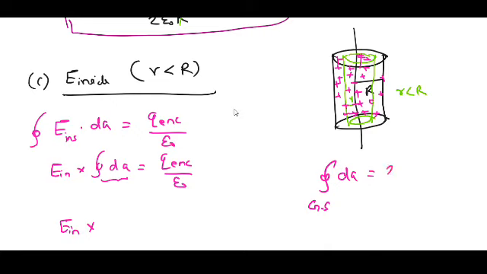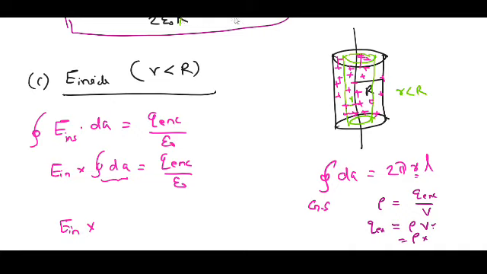which, since it is a cylinder, is 2 pi r, where r is the radius of the Gaussian surface, into its length. Length we have chosen small l. Then the charge enclosed by the Gaussian surface, that is Q enclosed. We know already rho is equal to Q enclosed divided by volume, or Q enclosed is equal to rho into V. Here we have to be very careful, where V is the volume of the charge enclosed.